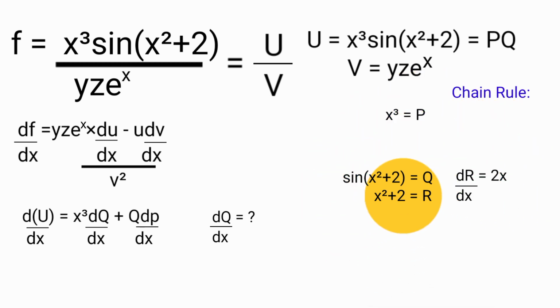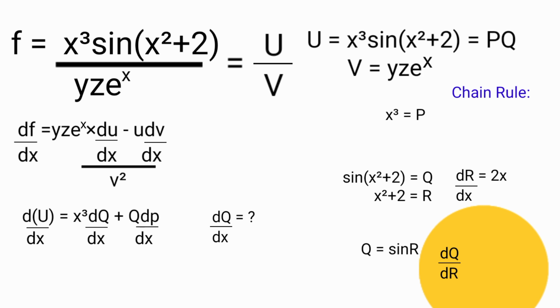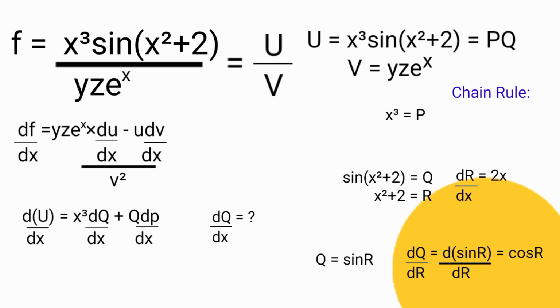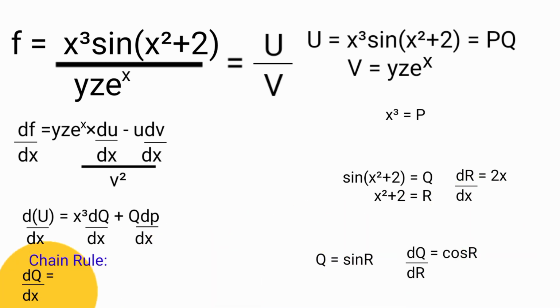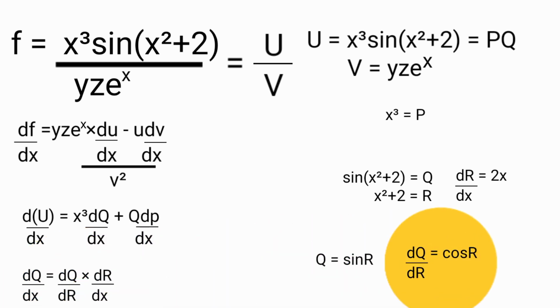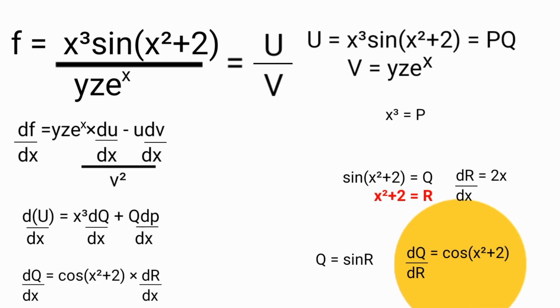Since r equals x squared plus 2, q equals sine r. So the derivative of q with respect to r is the derivative of sine r, which is cos r. So substituting now, dq/dx is equal to dq/dr times dr/dx. dq/dr here is cos r, which is cos of x squared plus 2, and dr/dx is equal to 2x.